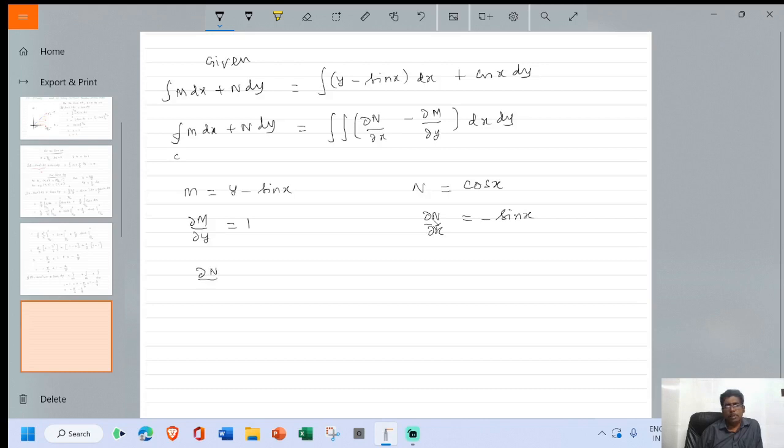Therefore, dou n by dou x minus dou m by dou y is equal to minus sin x minus 1.